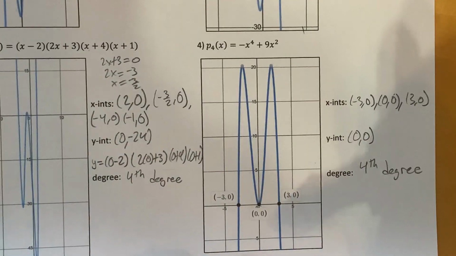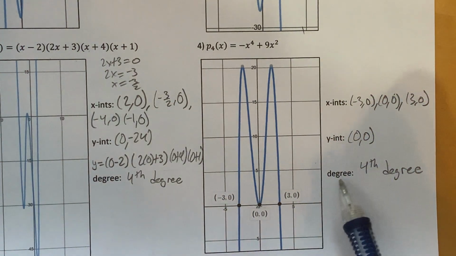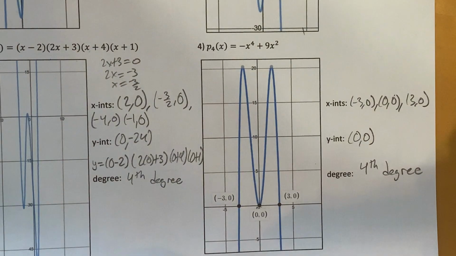Even though the degree is over there, if I tell you to give me the degree without giving you anything like that, you're going to write 4th degree. But if you write 4, degree, dot dot 4, then I'll know what you mean.